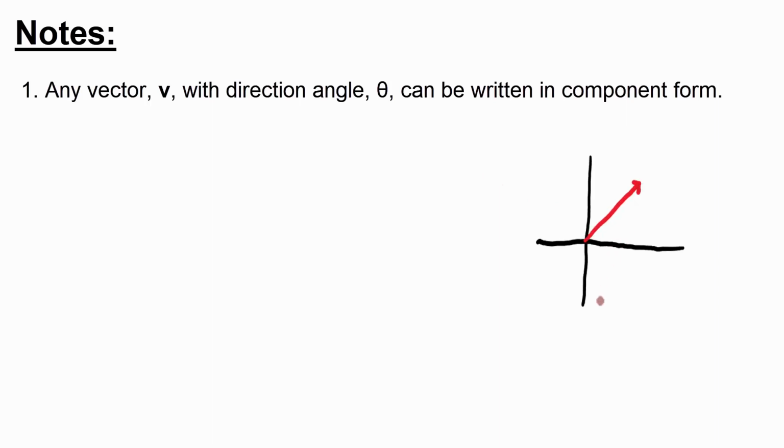So there's my vector v, and you're not told what the components are. You're told the direction angle is theta, and you're told the magnitude. What does magnitude mean? The length. So you're told that the magnitude is, generically, using the symbolism for magnitude, the double bars around v.